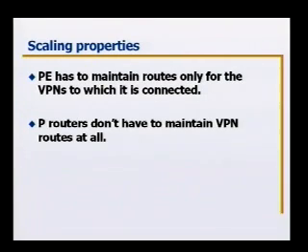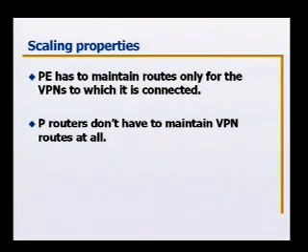If we're going to talk about the scalability of a PE box, let's remember what functions the PE box is performing. It does several functions. First of all, it maintains all these VPN routes in the VRF tables. Secondly, it does all these routing exchanges with all the other PEs in the network and with the CEs connected to it.